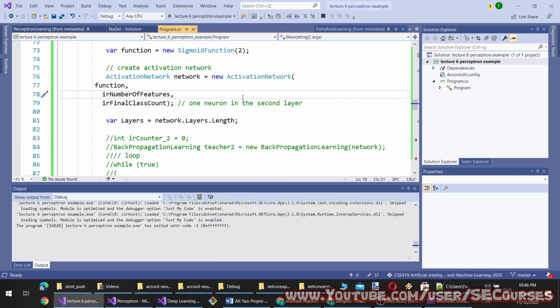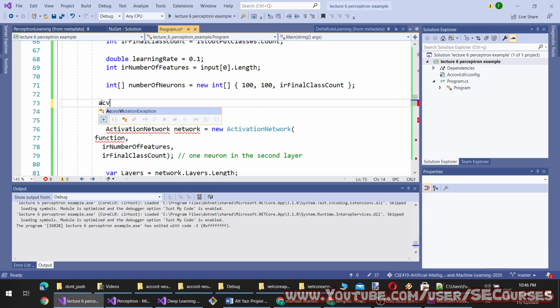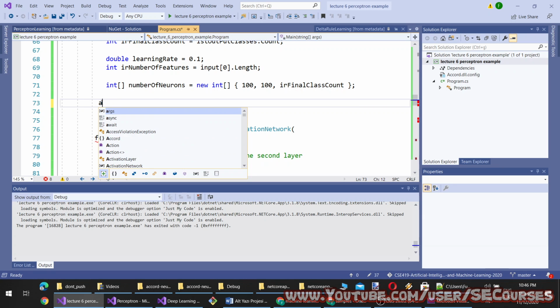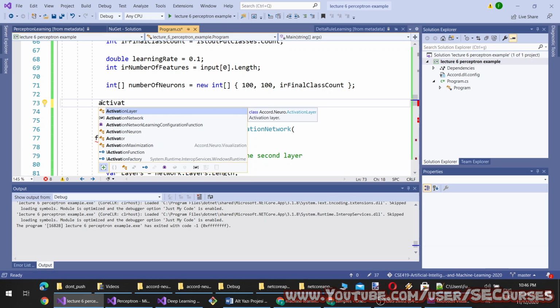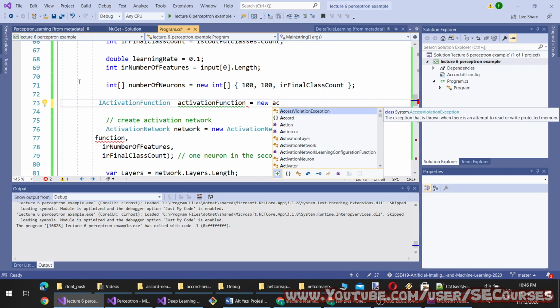Maybe we can change our activation function. Instead of sigmoid, what functions can we use? Activation function equal to. Let's see the activation functions.